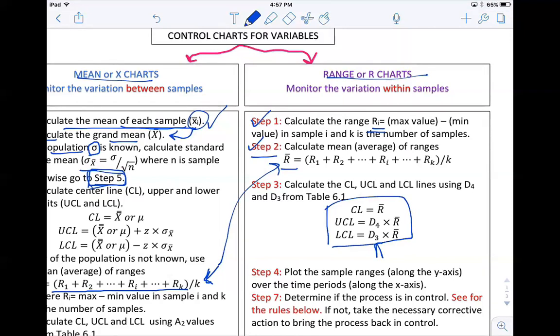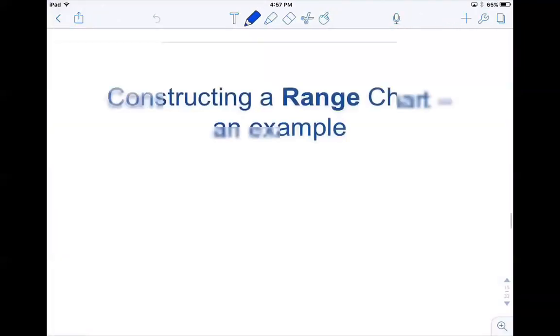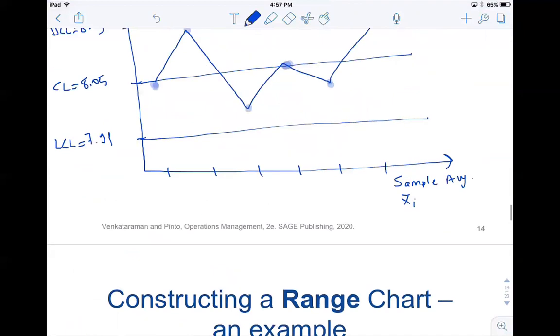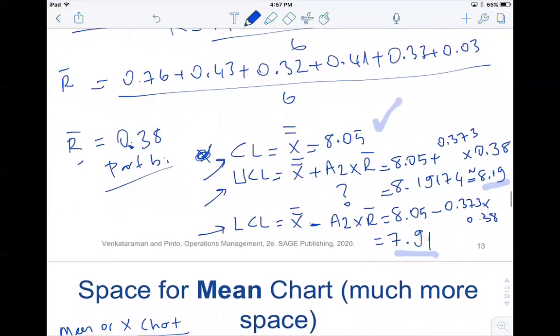Okay, so let's take these formulations and put them on our slides so that we can move forward. In step one, just to remind us, it's a check, right? Step two, we have to calculate the R bar. I already did that here. Let me copy and paste it.